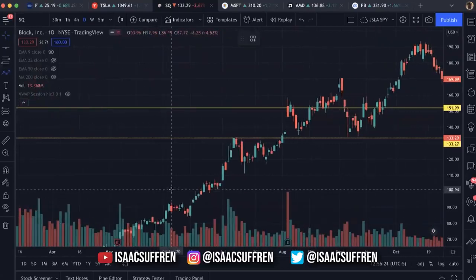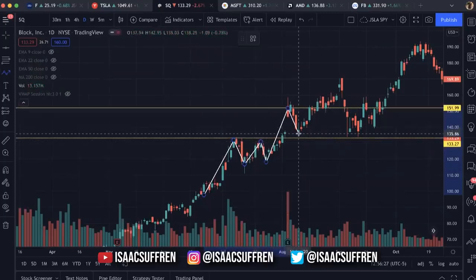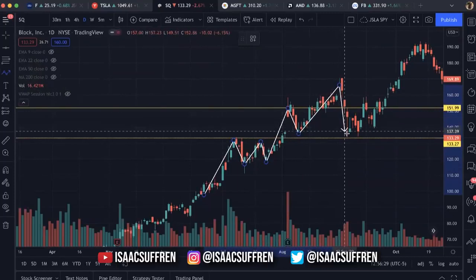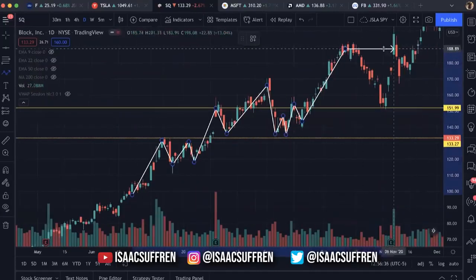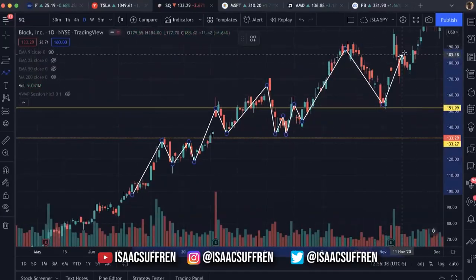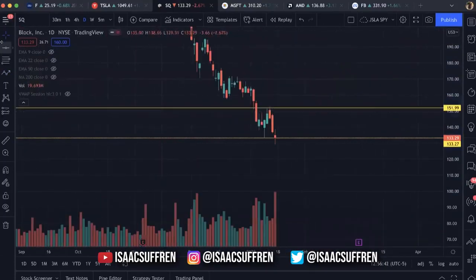As you can see, we have a move up, rejection, rejection, rejection right here, a bounce, weak move up, rejection, or I'm sorry, bounce, bounce, rejection, move up, and then we have a bounce, right? So you can see how strong these levels are. We come over here, we have the same levels, right?